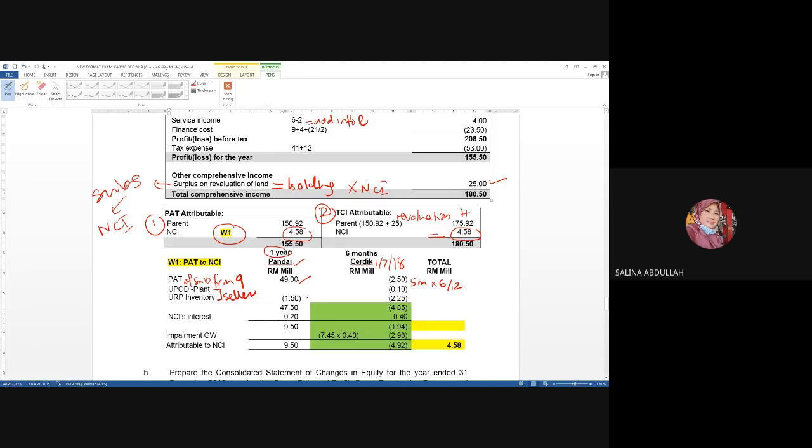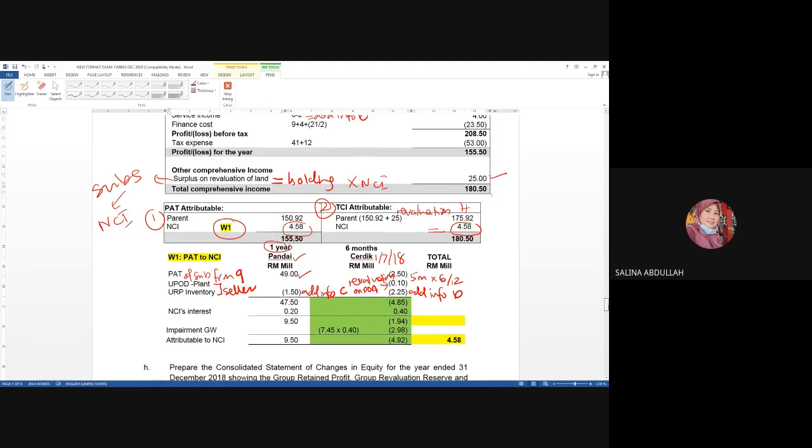This is additional info C. This is additional info D. And then this is revaluation of asset of subsidiary on date of acquisition. Remember 1 million just now, increase in fair value on the date of acquisition times 10% for plant.